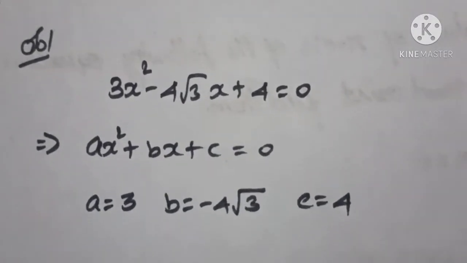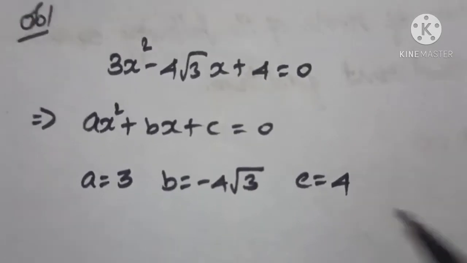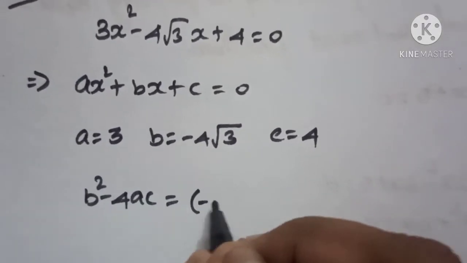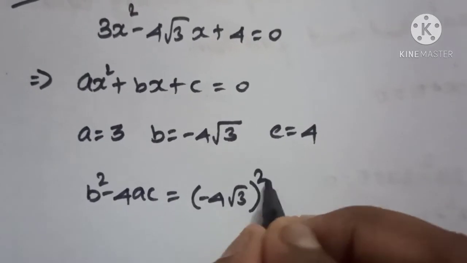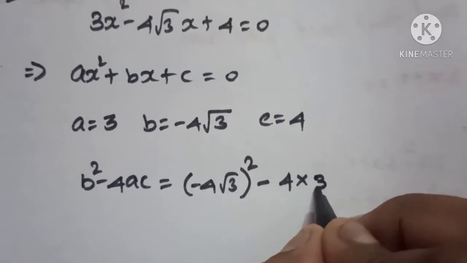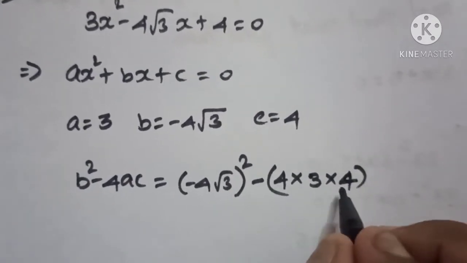Directly we go to the discriminant, b square minus 4ac. b square minus 4ac is equal to minus 4 root 3 whole square, this is b square, minus 4 into a into c, that is 4 into a into c.